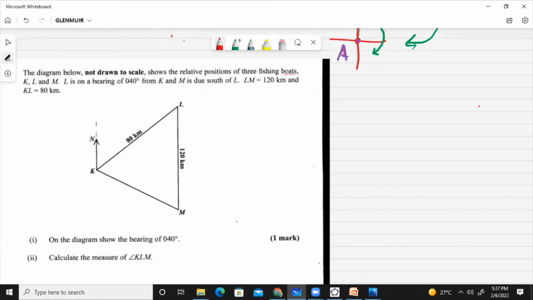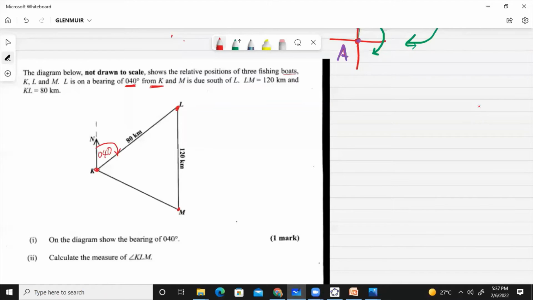K, L, M. I'm going to just touch them for you. K, L, M. Very good. L is on a bearing of 040 from K. Mainly they use 3 digits for bearing. That's fine, it means 40 degrees. That means we go to K and you will do your bearing like that. 40 is right in here.